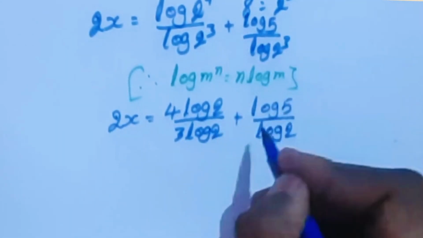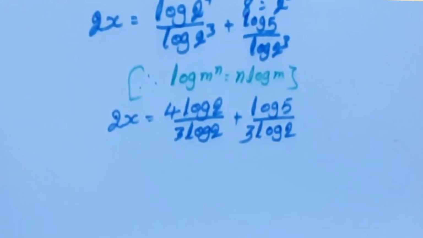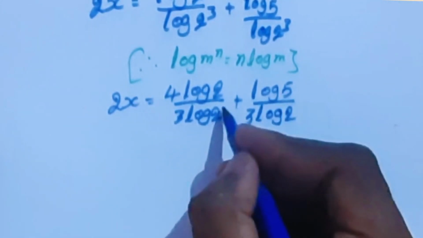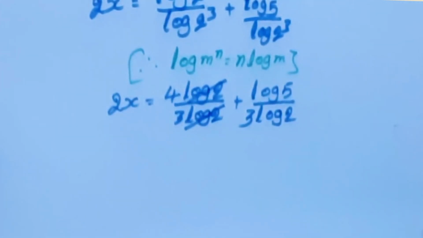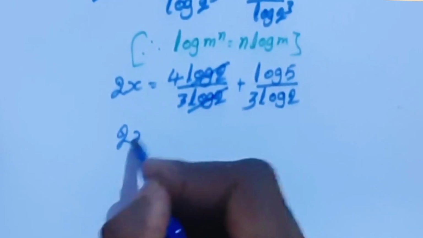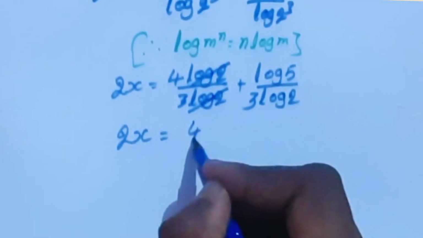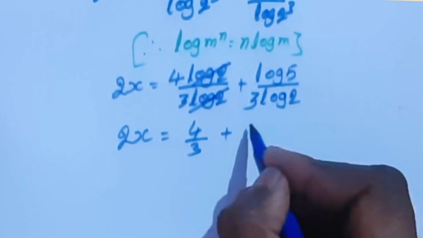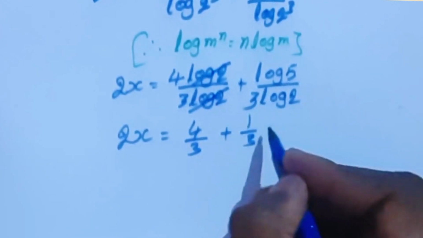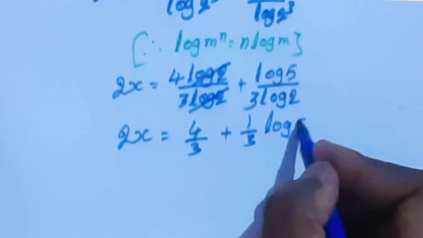This 3 comes before this log. Now this log 2 cancels this log 2. So we have 2x equal to 4 by 3 plus 1 by 3 log 5 by log 2.